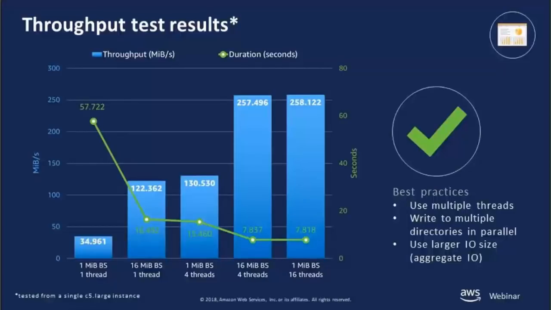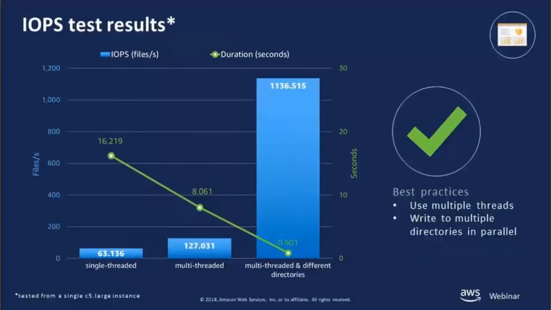But as we add more threads, and as we increase the block size of the file system, we're able to maximize the throughput from that instance to EFS. And in this example, we were able to get up to 250 megabytes a second by just changing those two attributes of our data access.